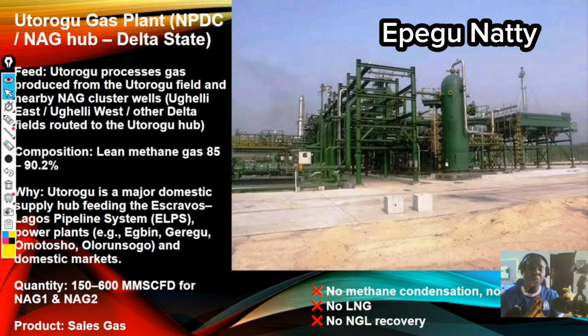The composition is lean methane. You see why I brought these gas plants as part of the example. The rest we've been talking about are rich methane. Now this is lean methane. We have this in Nigeria.